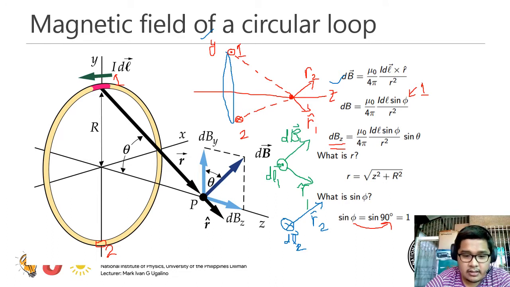So let me erase this first. The magnetic field is pointing in this direction. So this is your dB2, and this is your DL2.